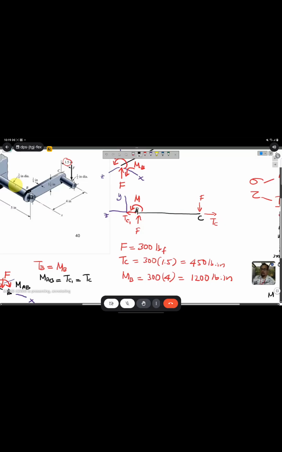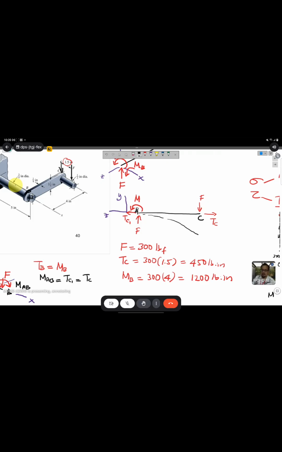Mostly, if you have two kinds of stress, which is bending stress, because when you put a load over here it will bend here.